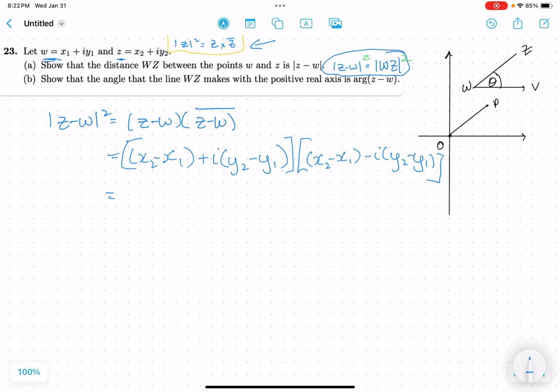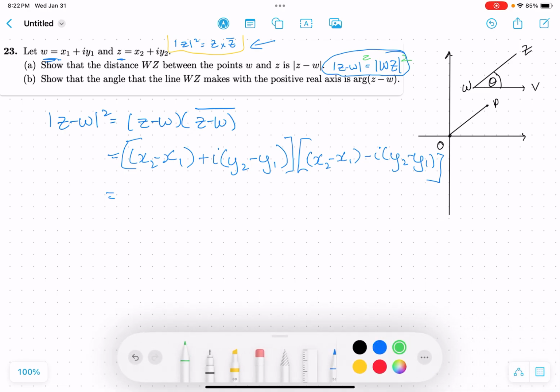Now we already know, because of what we just did, what we're going to get. You can do it again, but it's just a bit harder to see because we've got so many things. You are going to get x2 minus x1 all squared, but the i terms, the i times the x's and the y bracket, and the other one, minus i times the x, y, are going to cancel each other out.